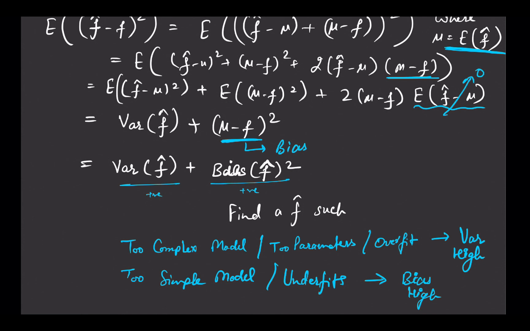So the trade-off is that we want to choose a model such that both variance and bias are particularly low. Let's try to understand this further with the example.